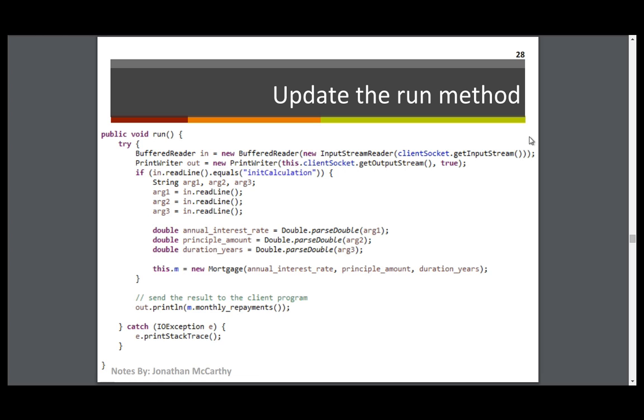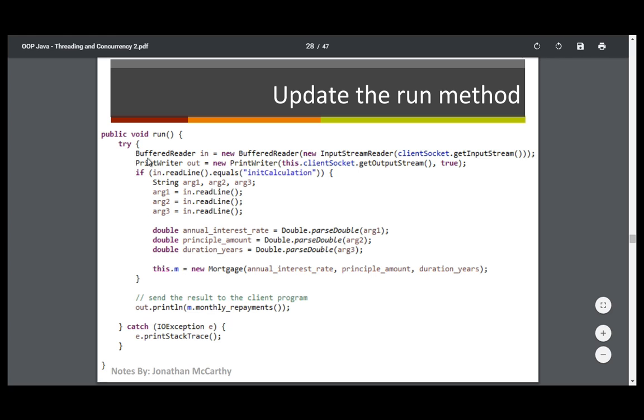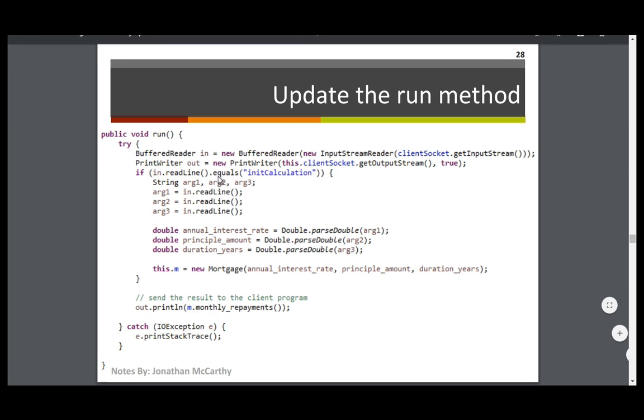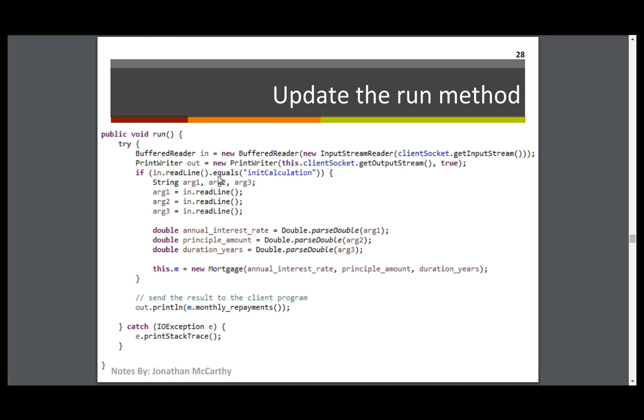So, okay, so I have it here. You can see the code's here for us. So inside our run method, I'm going to say if in.readline equals init calculation, then we're going to start our processing. So let's just set ourselves up with the if statement first.